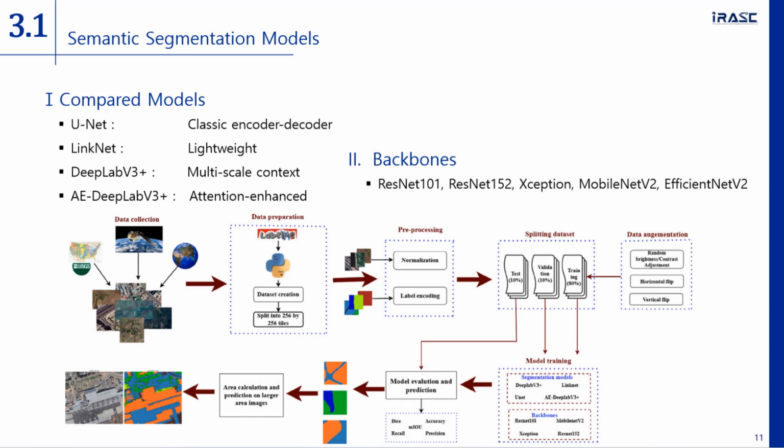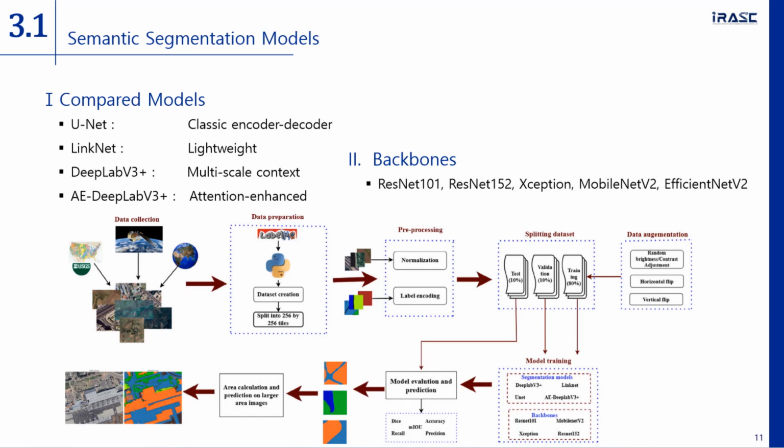Its main strength is capturing multi-scale contextual information. This is important for satellite images because land cover objects have very different sizes. For example, roads are narrow, while forests and agricultural fields can be large.